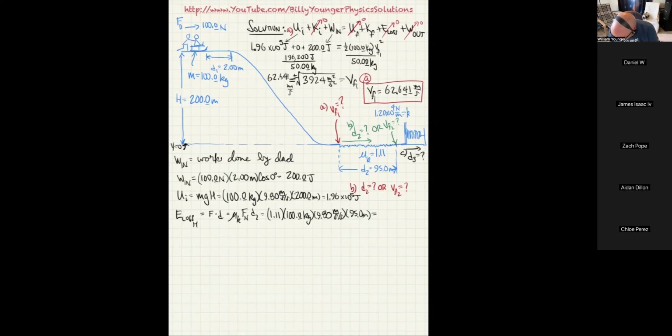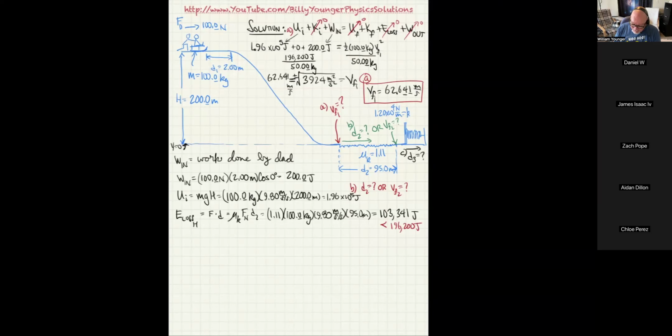So I'm going to take 1.11 times 100 times 9.8 times 95.0, and that's going to give me 103,341 joules. Now you can see that that is clearly less than what we had before, which was 196,200 joules. So it will definitely make it all the way across.